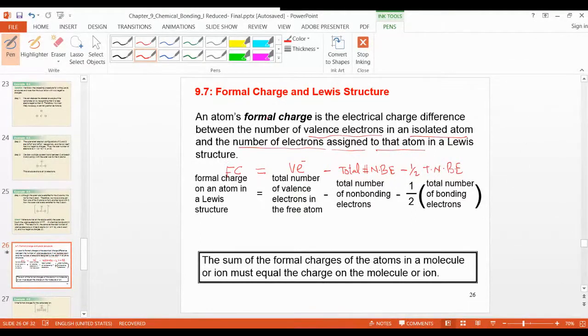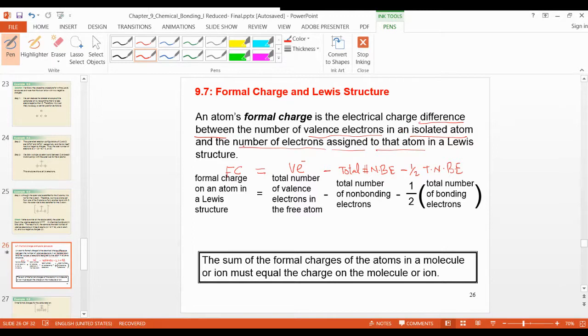Okay, you have to determine the difference between the number of valence electrons, which you should know for each group, and whether any extra electron is assigned to that particular atom. That is the difference we will get.